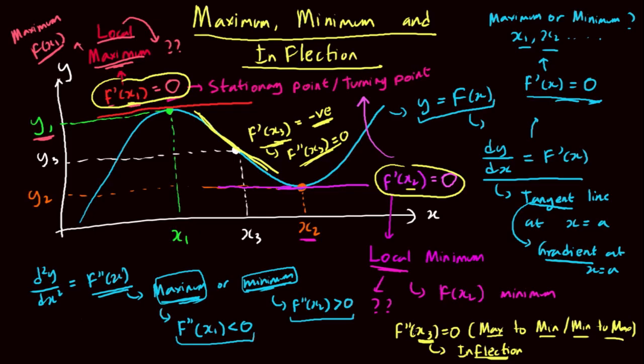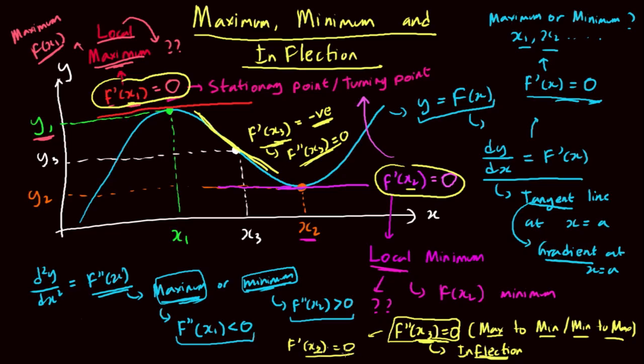In order to quantify an inflection, we must know that the double derivative at that point has to be equal to 0, and the first derivative can be less than 0 or more than 0, for instance. I don't have much space, unfortunately. Even if it's equal to 0, even if it's a stationary point, it doesn't matter. As long as the second derivative is equal to 0, then we know that x3 is an inflection.